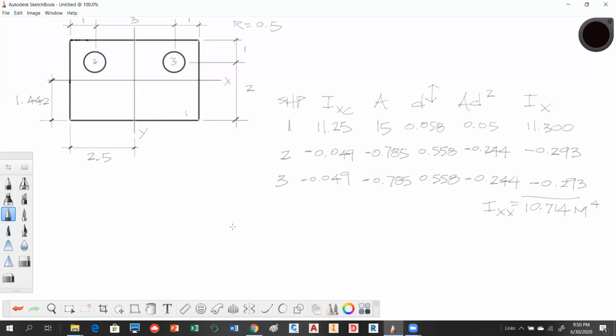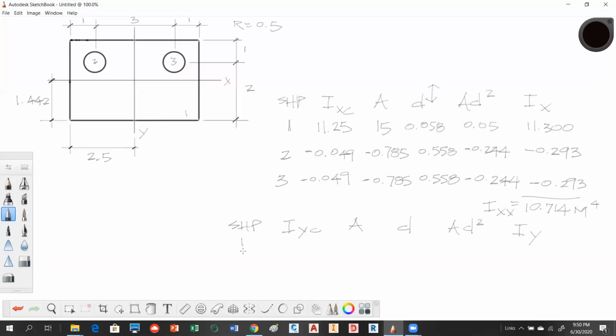Okay. So let's see what happens. I'm going to expand this out a little bit because I kind of cheated myself a little. Shape, IYC, area, D, AD squared, and IY.